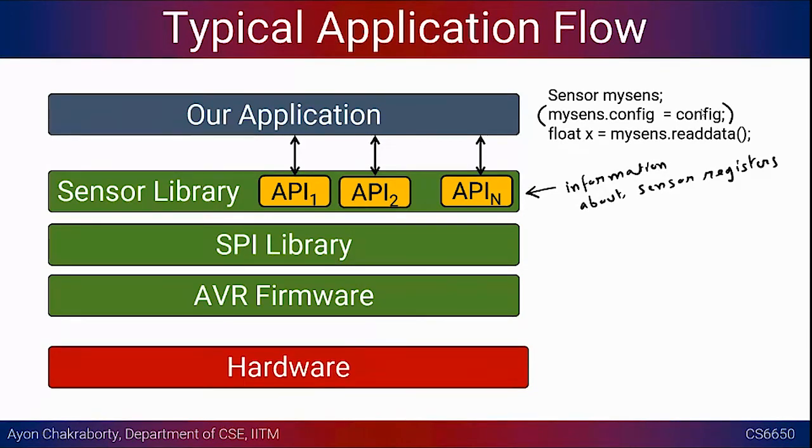You may want to decrease or increase the resolution of the ADC inside it. Because the sensor manual will specify some addresses, and those registers need to be programmed. So that information is there in the implementation of that sensor library, right?